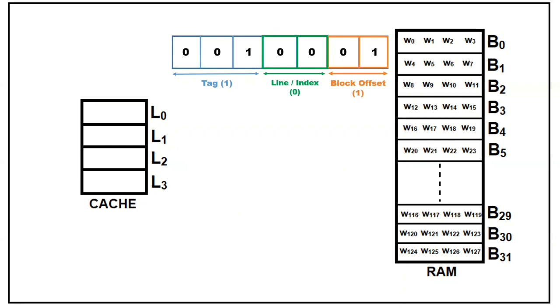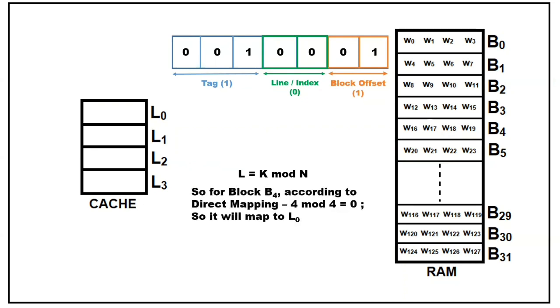Now see, the processor needs the W17 word. It is present in block B4. Now what is the formula of direct mapping? That is L = K mod N. So for block B4, applying the formula, 4 mod 4 equals 0.